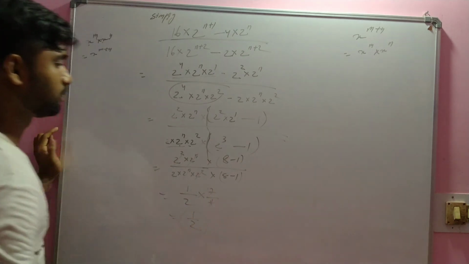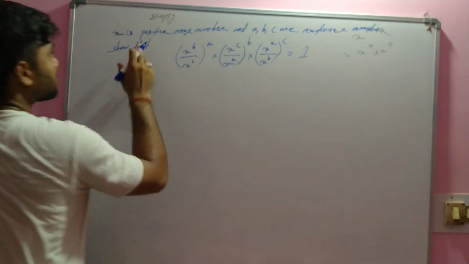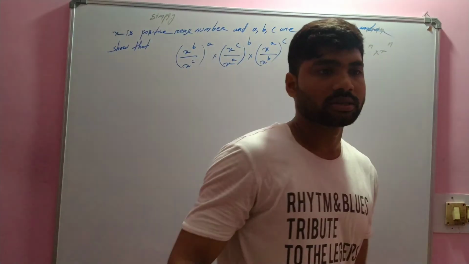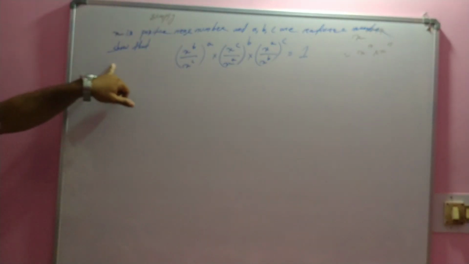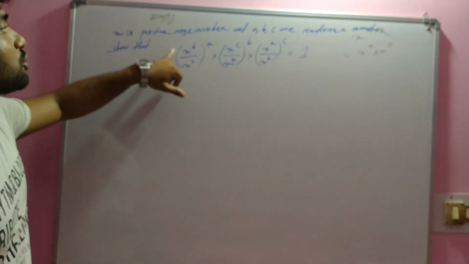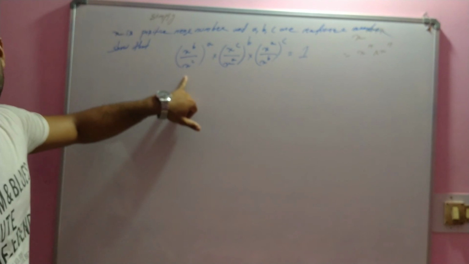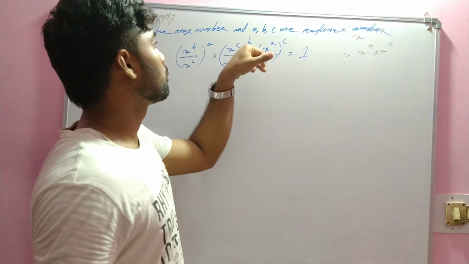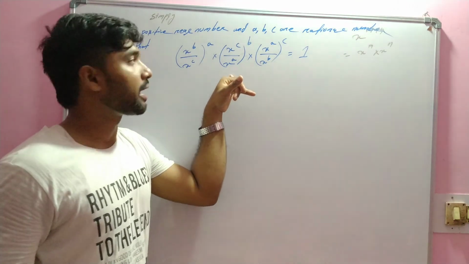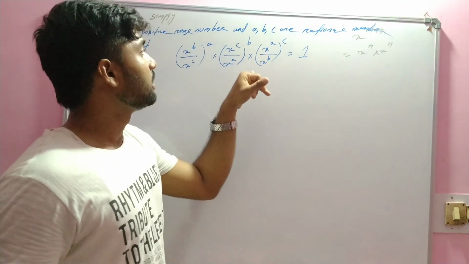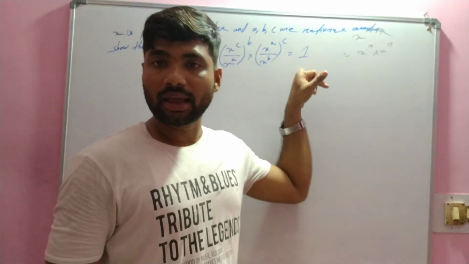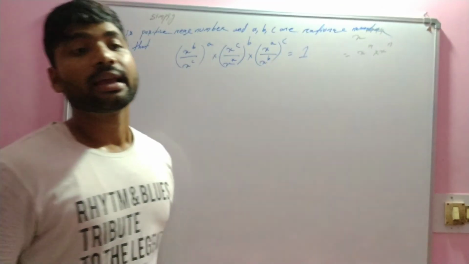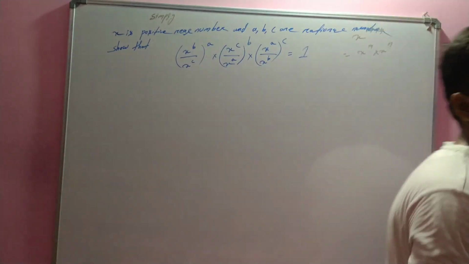Any doubt? Question given: if x is a positive real number and a, b, c are rational numbers, such that (x to the power b by x to the power c) whole to the power a into (x to the power c by x to the power a) whole to the power b into (x to the power a by x to the power b) whole to the power c equals 1.